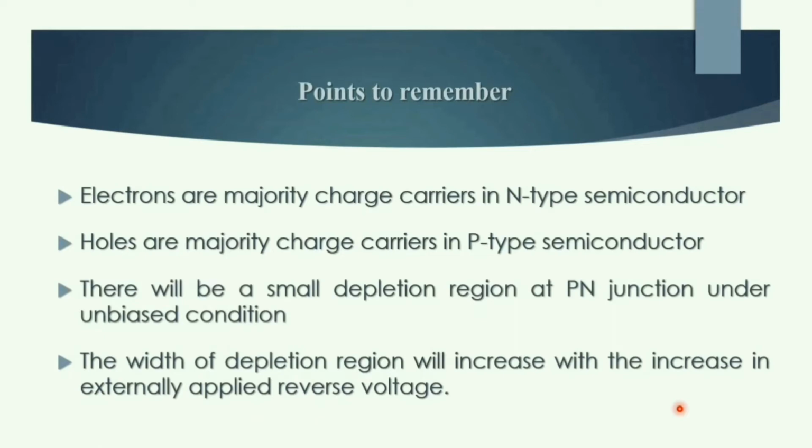That means even if we are not connecting any external battery, there exists a small depletion region. And the fourth point to be remembered is the width of depletion region will increase with the increase in externally applied reverse voltage. So with this much of basic knowledge, let's try to build something interesting.